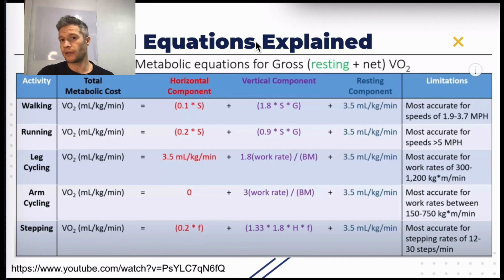There's no gradient. It's flat, right? If we look at the math behind that, if we look at the purple here in the vertical component, my gradient, which is G, the percentage of gradient, on a treadmill it might say percent, it'll say gradient or grade, and that's what it means: the gradient, which is the percentage or the angle at which you're walking up.